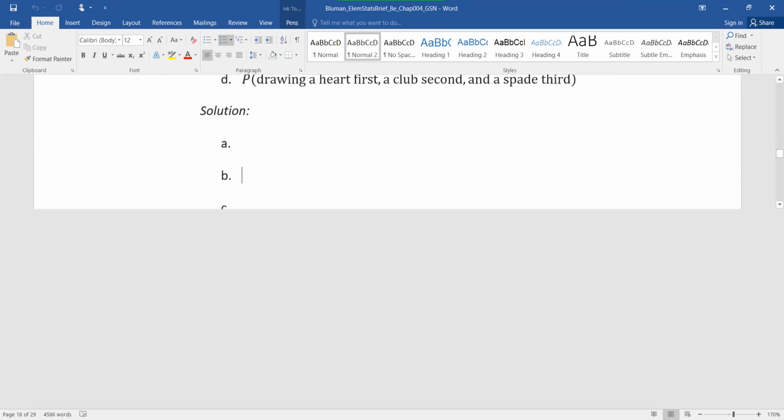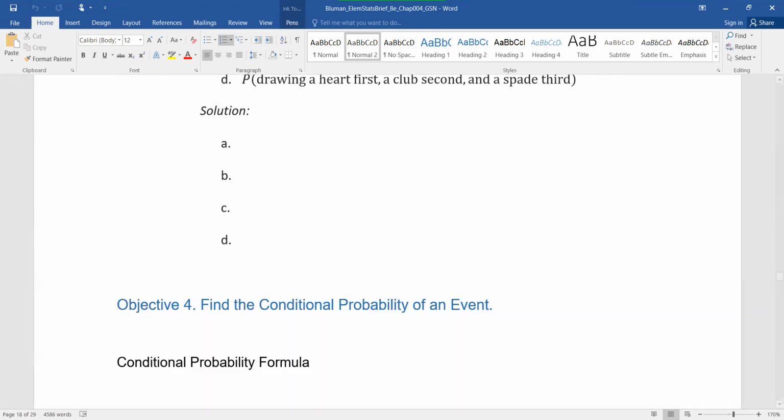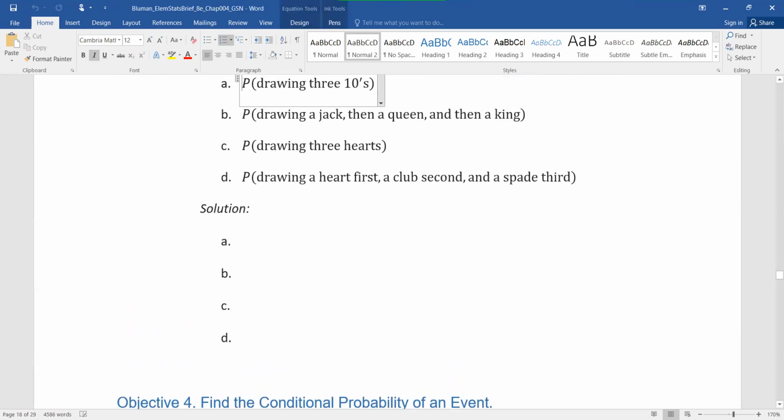All right, so 3 cards are drawn, but we're not replacing them. So what's the probability that the first one's a 10? 4 out of 52. Good, and then what's the next fraction? 3 out of 51. And then what's the probability of the next one? 2 out of 50, very good. And you just multiply those all up.